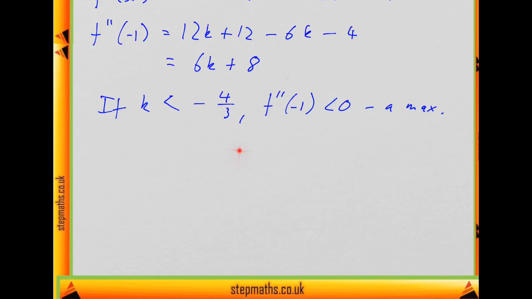So for instance, if it's negative, it goes to 0 and then it goes negative again. If it's positive, it goes to 0 and then it goes positive again. That's what happens if there's a point of inflection. If there isn't a point of inflection, then the derivative will go from positive to negative or vice versa. So it will have its own point of inflection at 0, but then it will either go from positive to negative, or it will go from negative to positive.